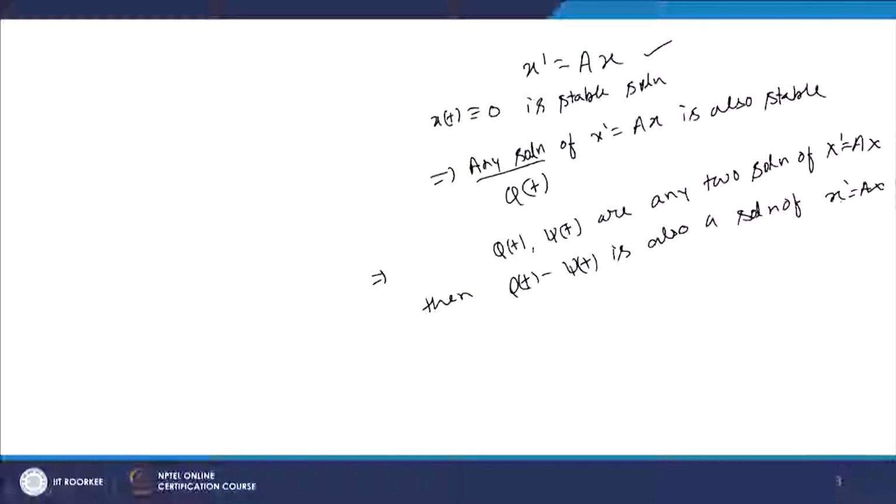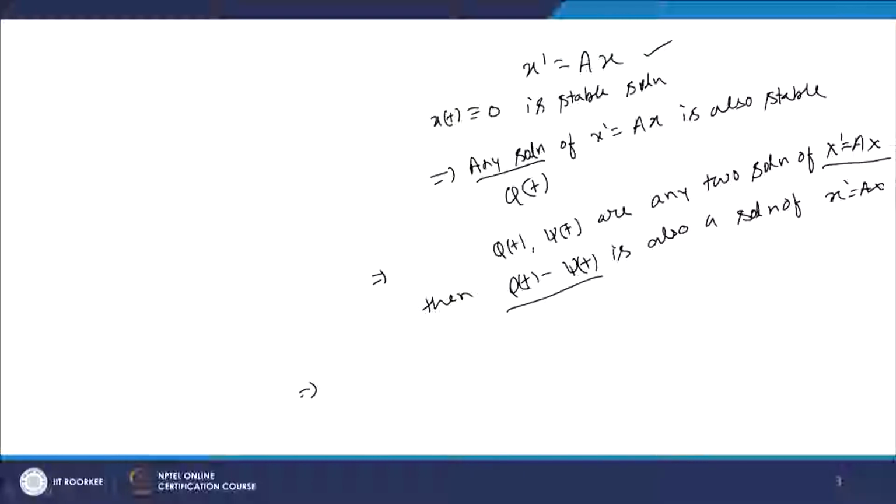That is what we already know, that this solution set forms a vector space, right. So for x' = A(x), if phi(t) and psi(t) are any two solutions, then their difference is also a solution of x' = A(x).